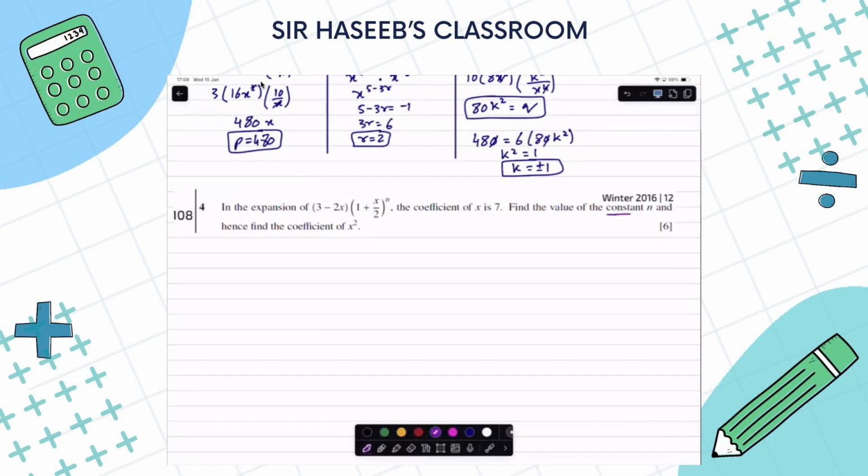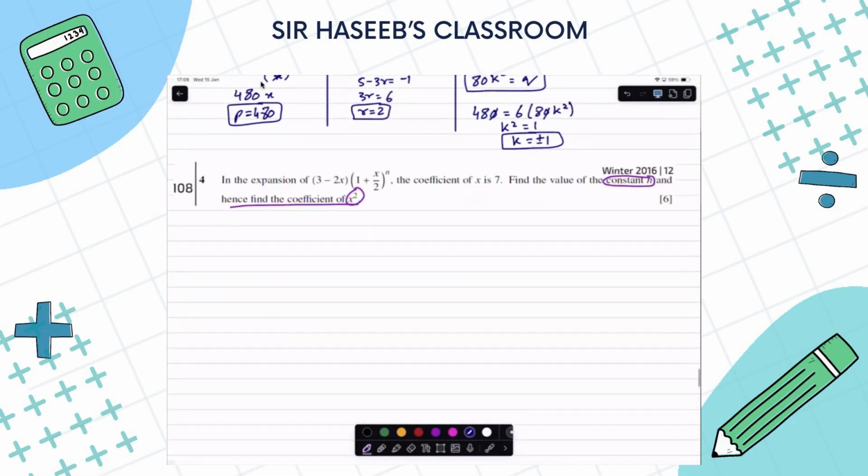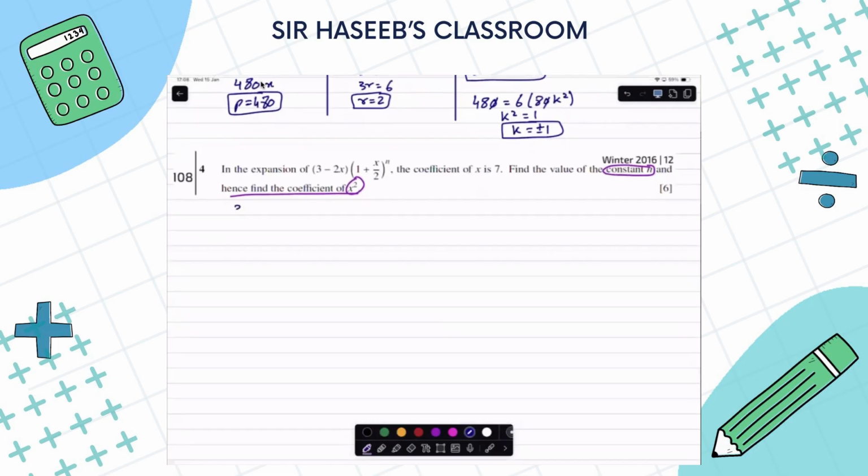Find the value of the constant n and hence find the coefficient of x square. ठीक है. तो हम यहाँ पे ये बात करते हैं कि this is 3 minus 2x into 1. There are questions like n factorial and stuff in add math. नहीं जरूरत पड़ेगी. That's why I'm doing this question, that kids say that you have to use factorial in this. That's what I'm trying to show you.